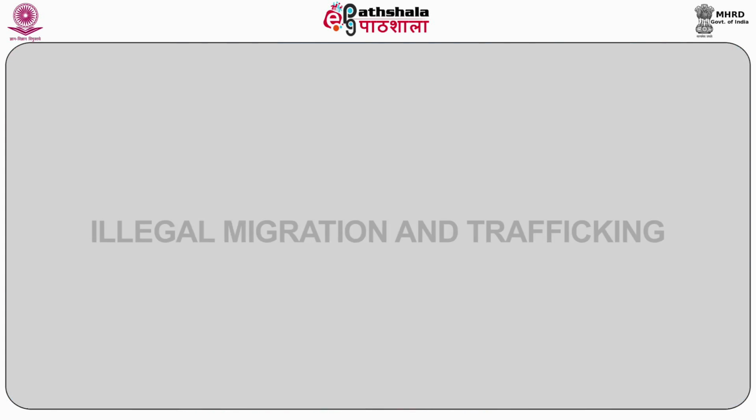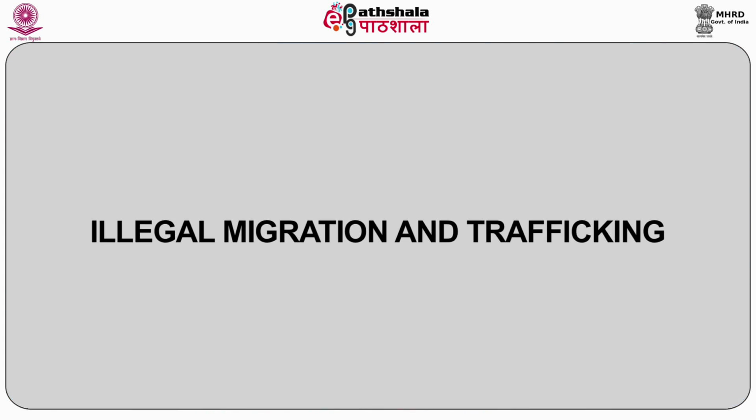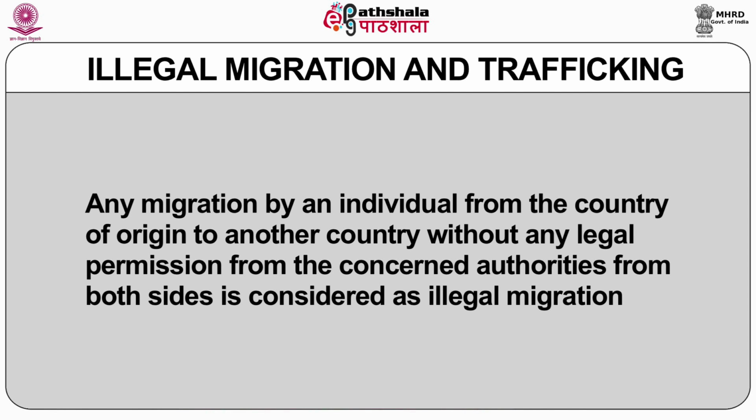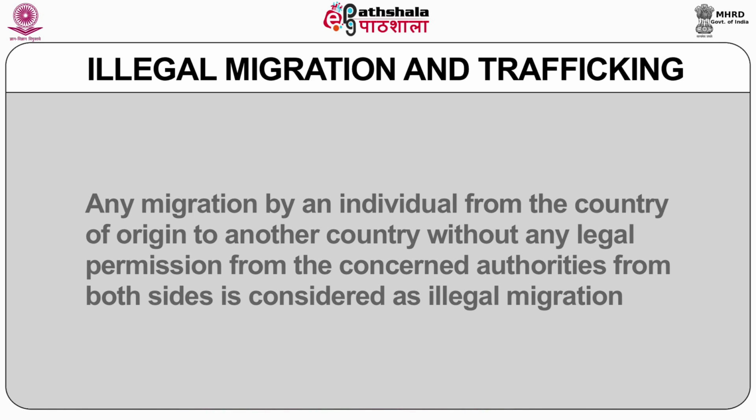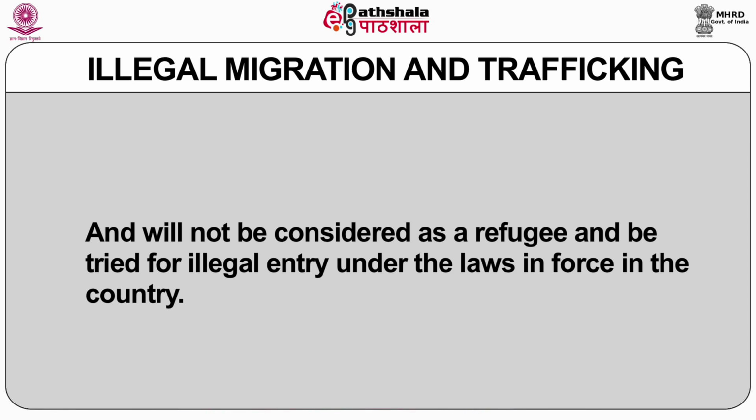Now let's look at illegal migration and trafficking. Any migration by an individual from the country of origin to another country without any legal permission from the concerned authorities from both sides is considered as illegal migration and will not be considered as a refugee, and the person will be tried for illegal entry under the laws in force in the country.